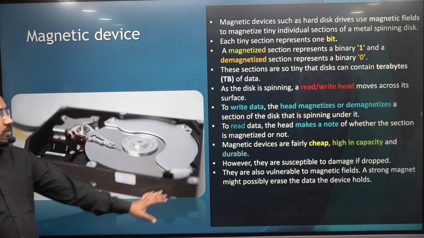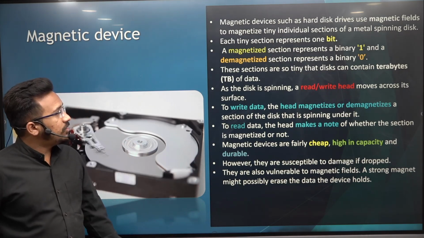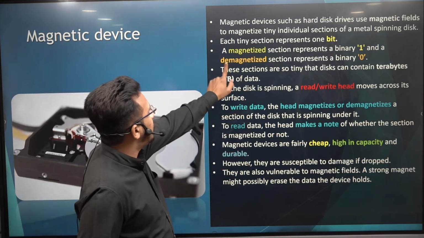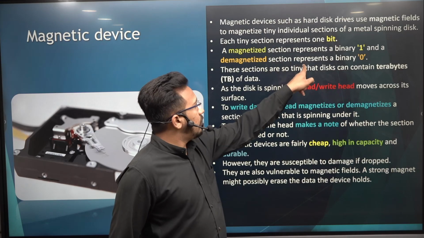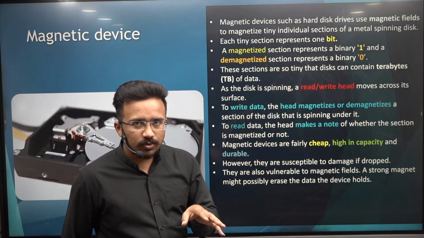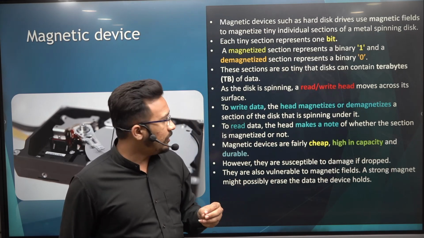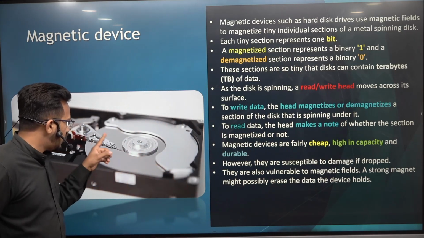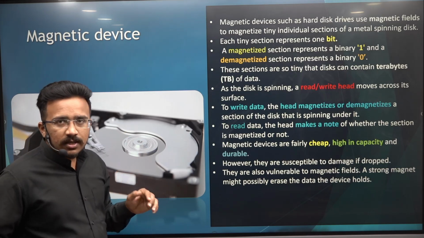So note down those essential points, and also add some points: north represents 1 and south represents 0. This disk is known as a platter.